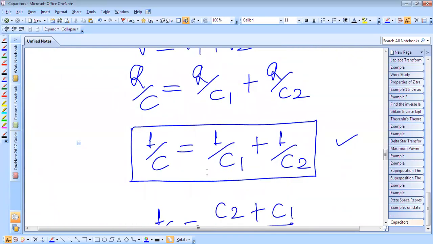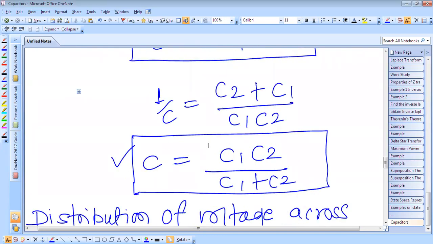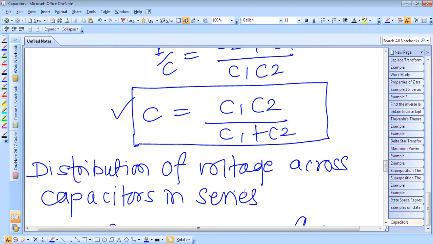If you find the total capacitance of the series circuit, then the total capacitance is the product of the capacitance values divided by the sum of the individual capacitance values. So this is how we can find the capacitance in parallel and series circuits.